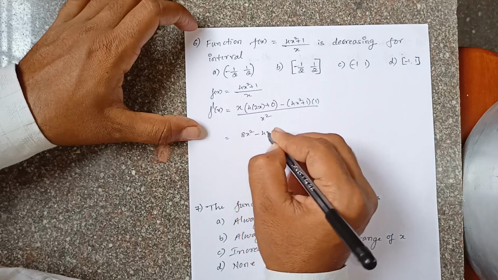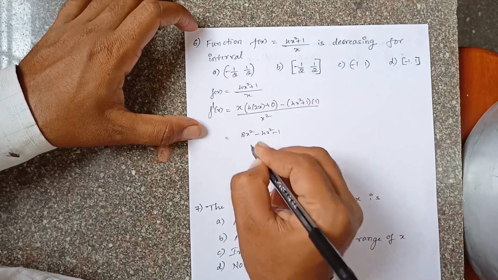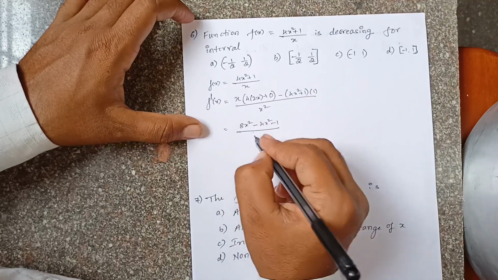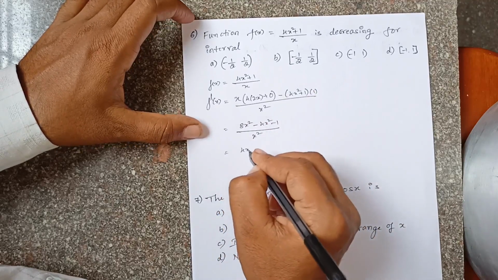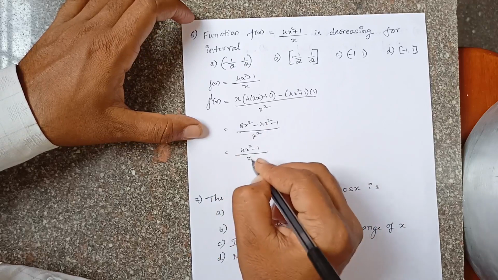It is minus 4x square minus 1 divided by x square, nothing but 4x square minus 1 by x square.